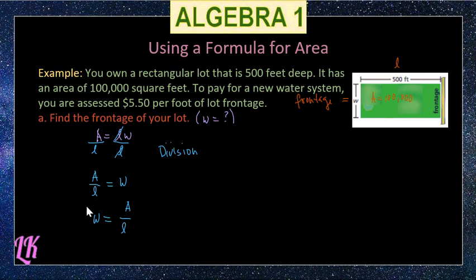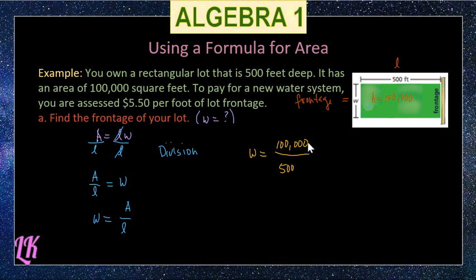Now, we can use this formula to solve for the frontage of the lot. So we have W equals A over L. By substitution, the area is 100,000 square feet, and then the length is 500 feet.